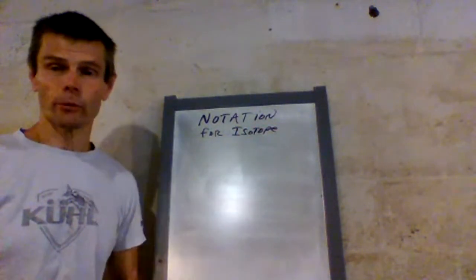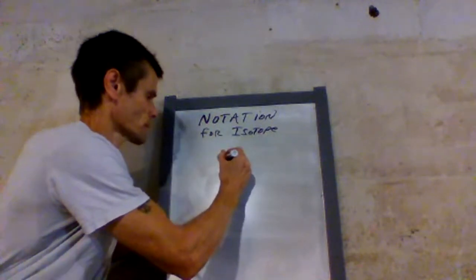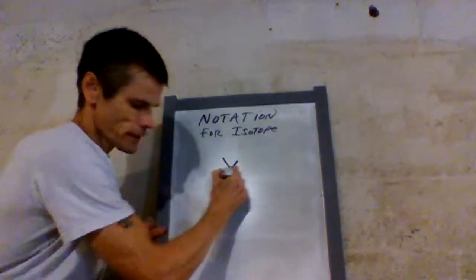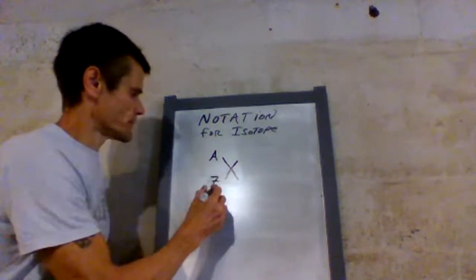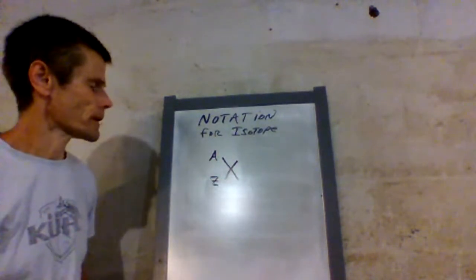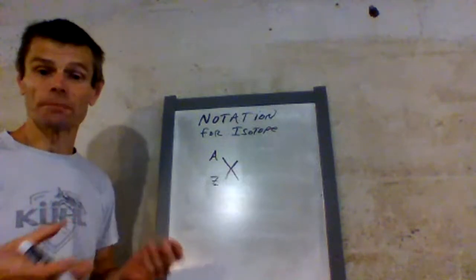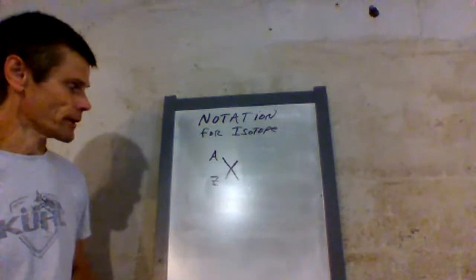The notation we use has X, A, and Z. Let's discuss what these mean in this notation.